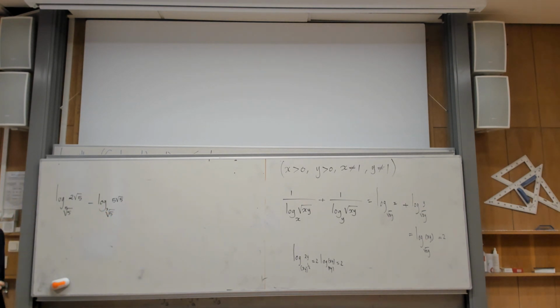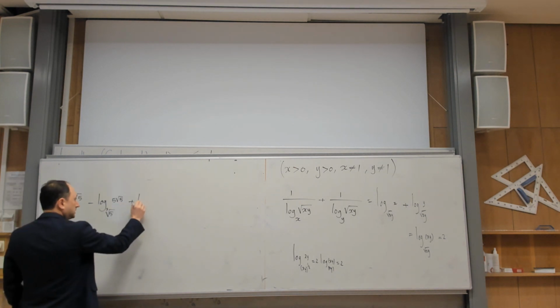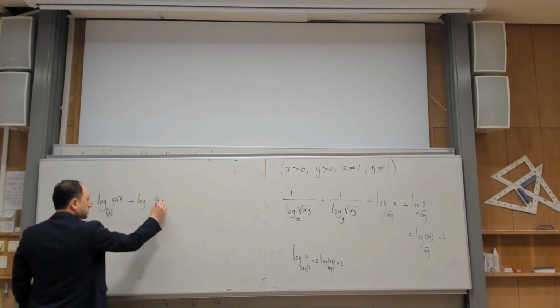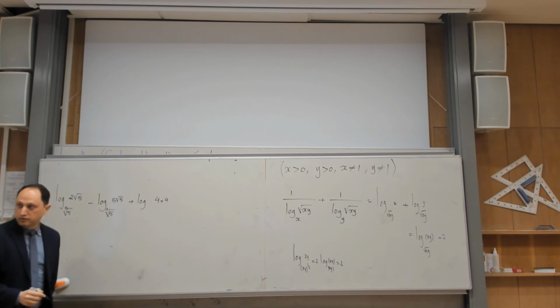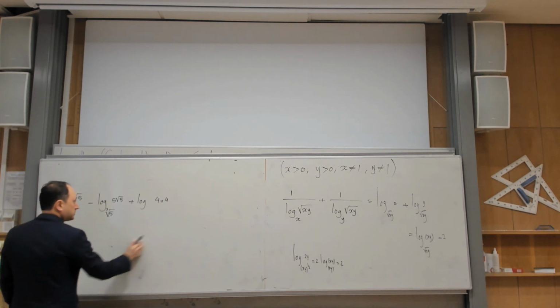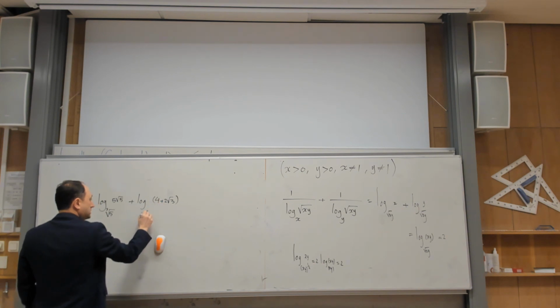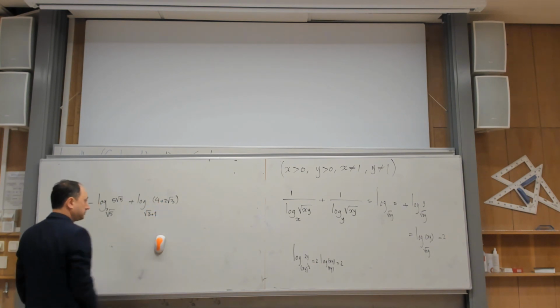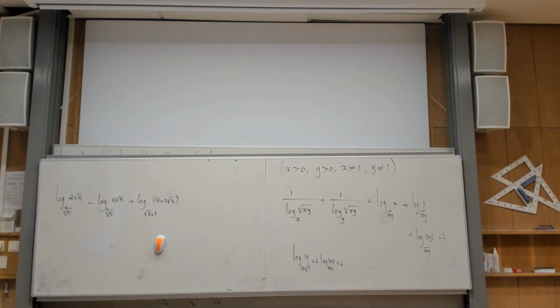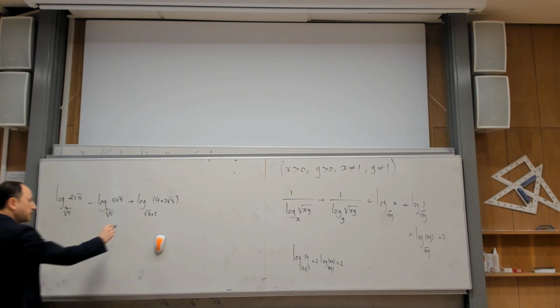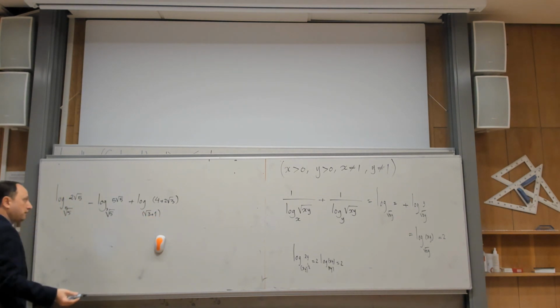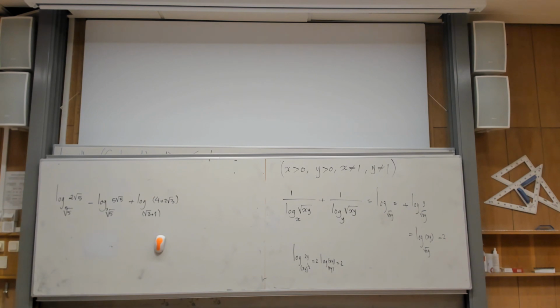Then I would write logarithm 4 plus 4 square root of 3, 2 square root of 3, sorry, 2 square root of 3. But the base is square root of 3 plus 1. Yeah, that's it. I want you to simplify, of course without calculators, as much as possible.